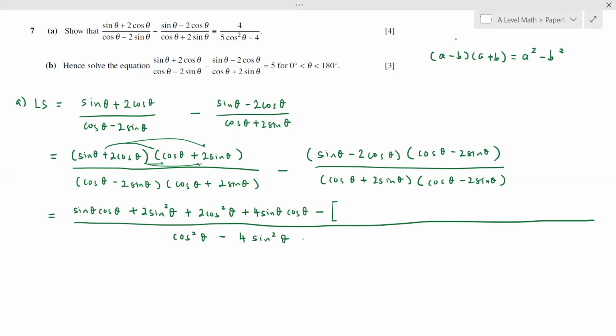Okay, for the second term, because of the negative here, you need to use a big bracket and distribute the negative later. So we have sine theta cos theta, and then minus 2 sine squared theta minus 2 cos squared theta plus 4 sine theta cos theta.